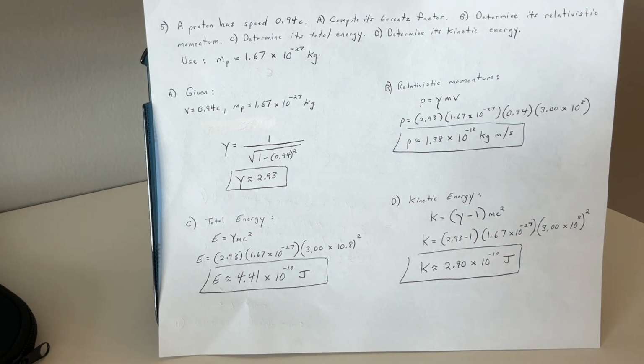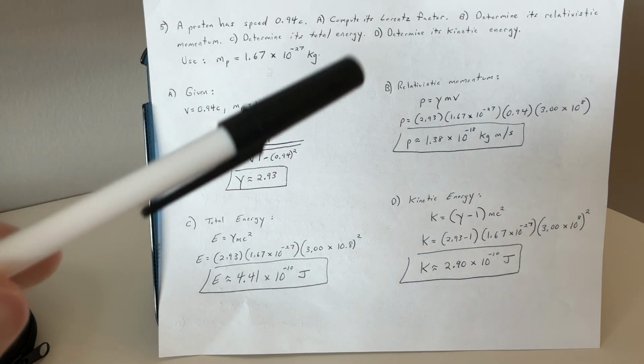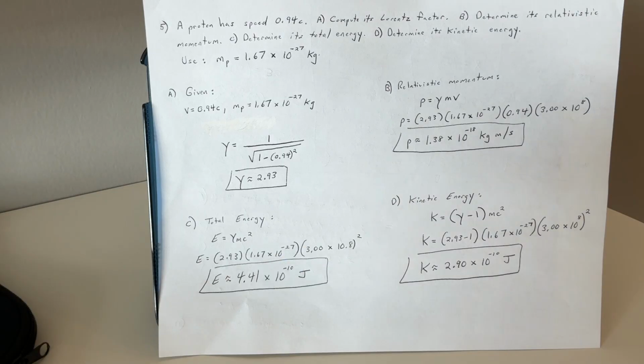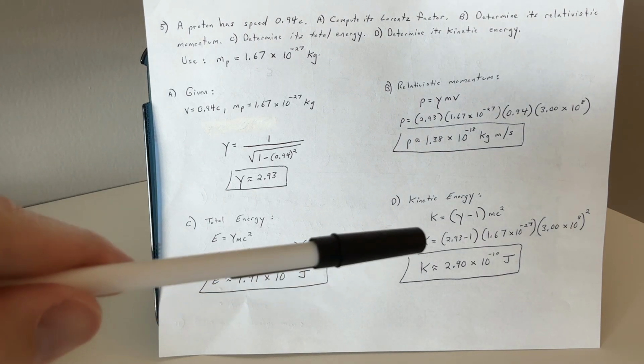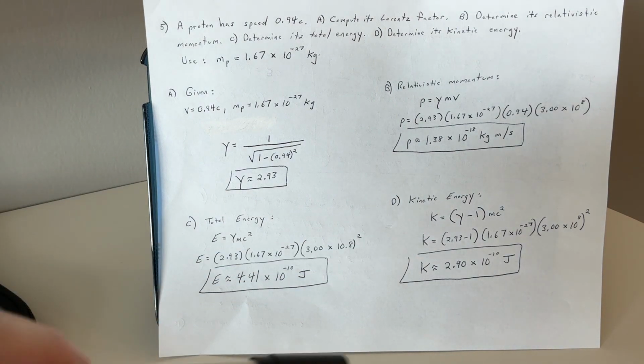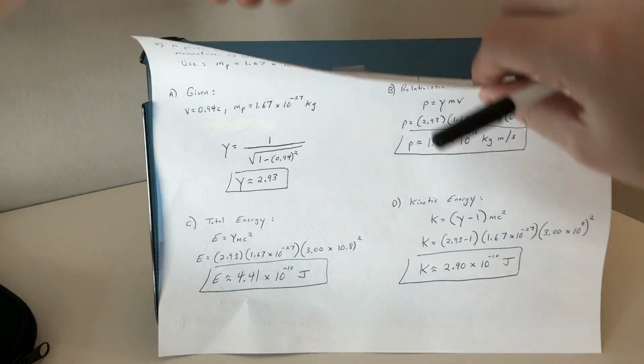E is approximately 4.41 times 10 to the negative 10th joules. And for part D, our kinetic energy, K equals our Lorentz factor minus 1 times the quantity mc squared. Very similar to total energy, we just substitute our values and we wind up in joules. K is approximately 2.90 times 10 to the negative 10 joules. So that takes care of number 5.